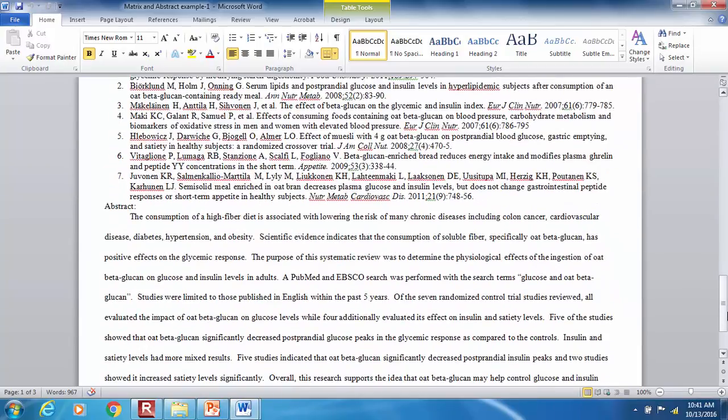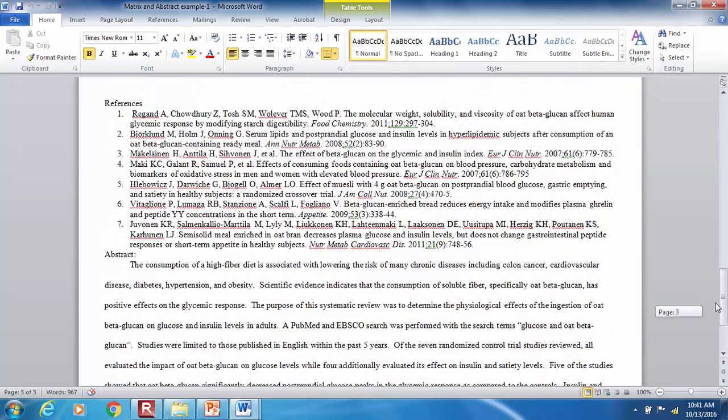And then the abstract. The references should be the full list, and you only need to select three, or between 3 and 5, papers from the whole list.